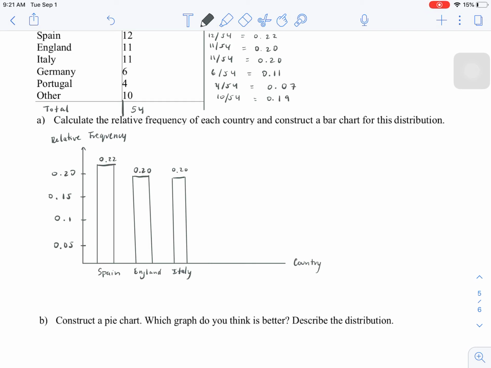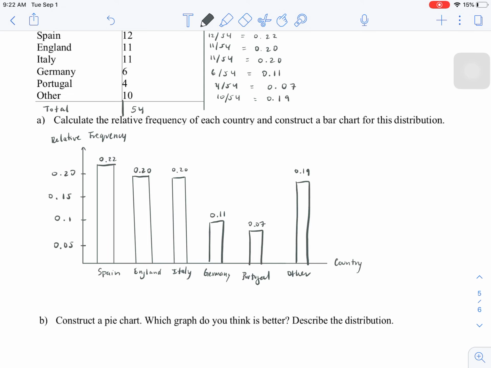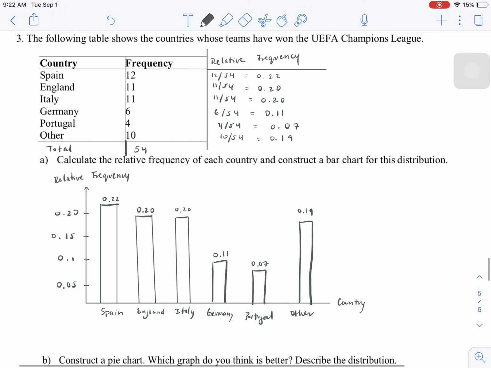Then Germany, 0.11, so about yay high. Portugal, a little less, at 0.07. Oops, and I want to add a little more space for the others, which was 0.19. And that is my bar chart of the relative frequencies.